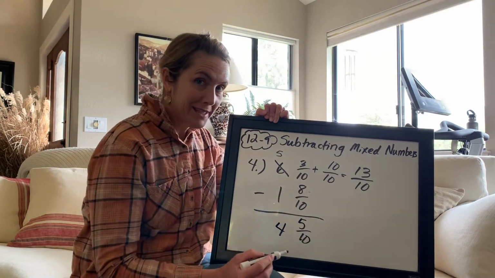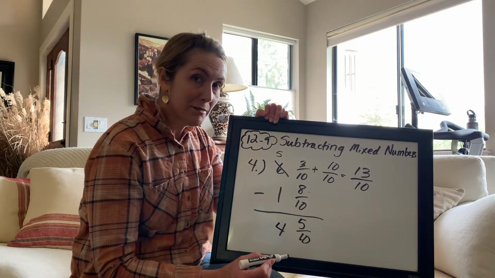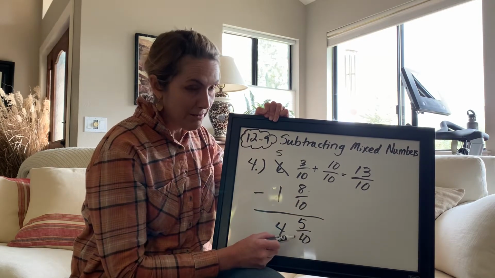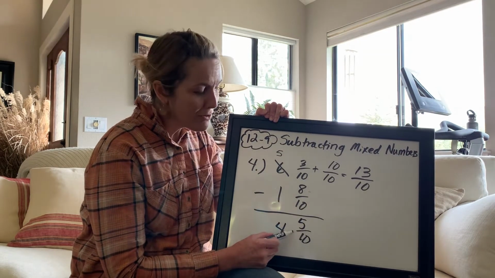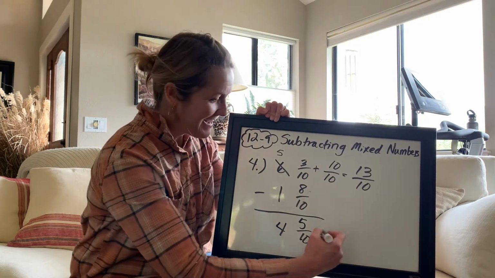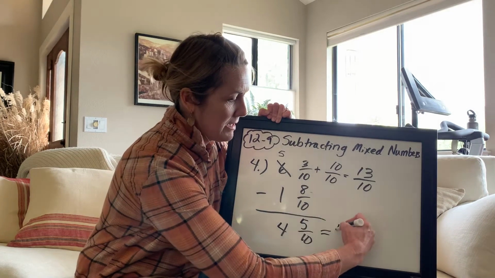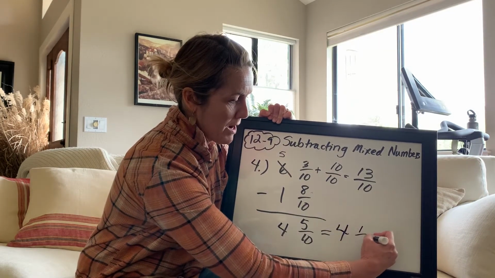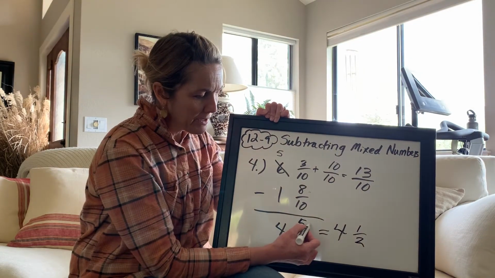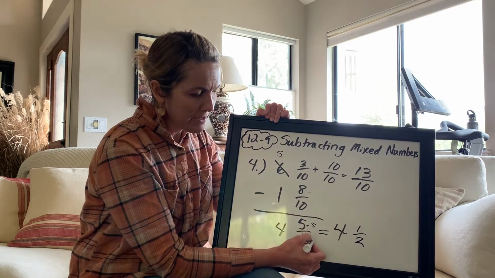Now, the last step, the one that seems to be getting some of you still, is simplifying. So notice here that they have a common factor of 5. You know another name for 5 tenths. Yep, 1/2. So you're going to have to rewrite this in its simplest form, 4 1/2. And you could do that by just dividing by 5, divided by 5.